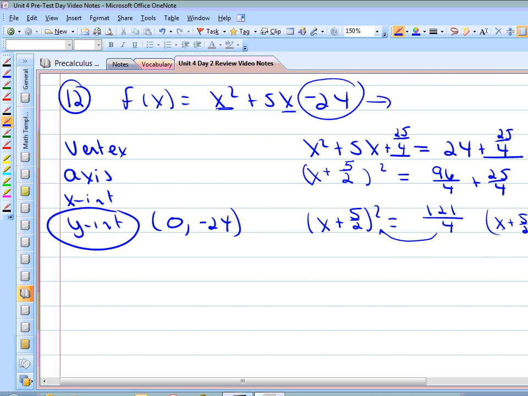And our vertex would have gone by transformations. This would say plus, so to the left, so negative 5/2. And we would have gone down negative 121 over 4. And that's your vertex point. I'm going to go ahead and write it over here. So (-5/2, -121/4). It's like a big puzzle. Imagine you found that on your graph.